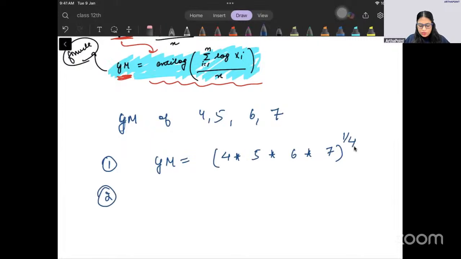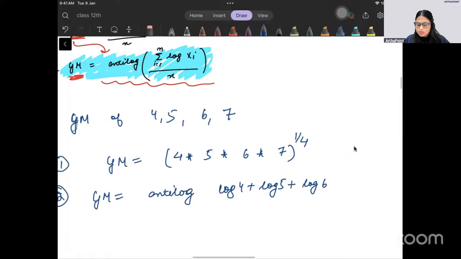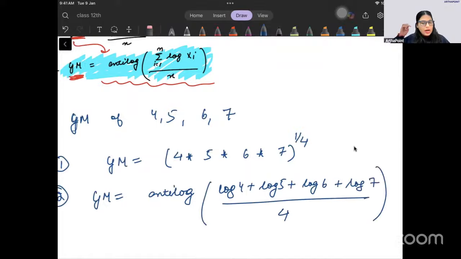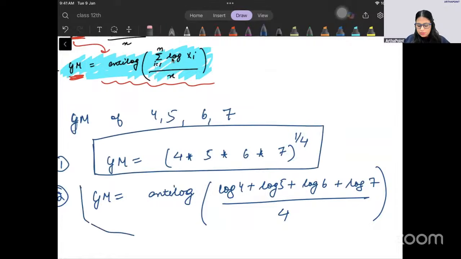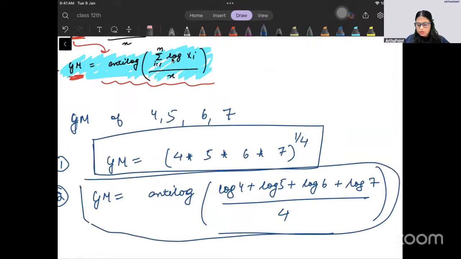And method 2 will say gm is equal to antilog of log 4 plus log 5 plus log 6 plus log 7 divided by 4. Up to you. You can use any, using a calculator. Log values will be given. Otherwise, you can use this formula using a calculator. Anyway, you will be given a calculator.